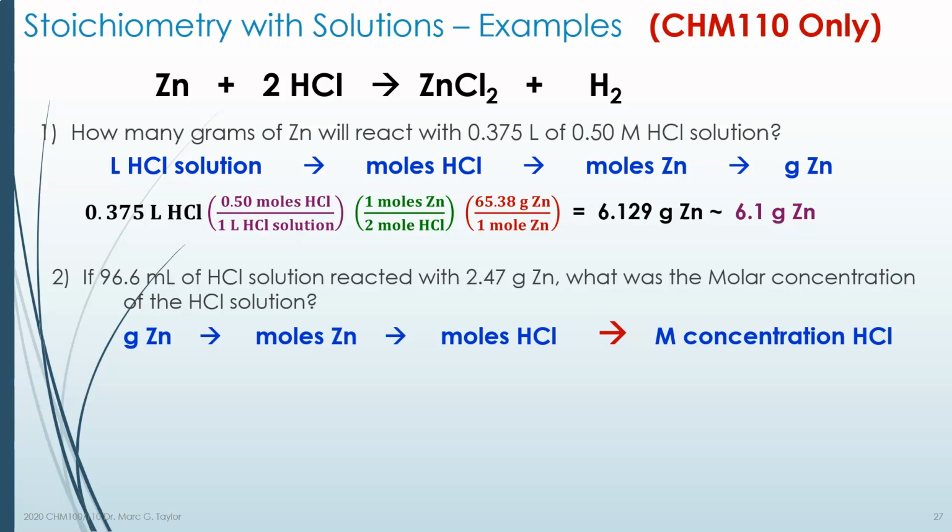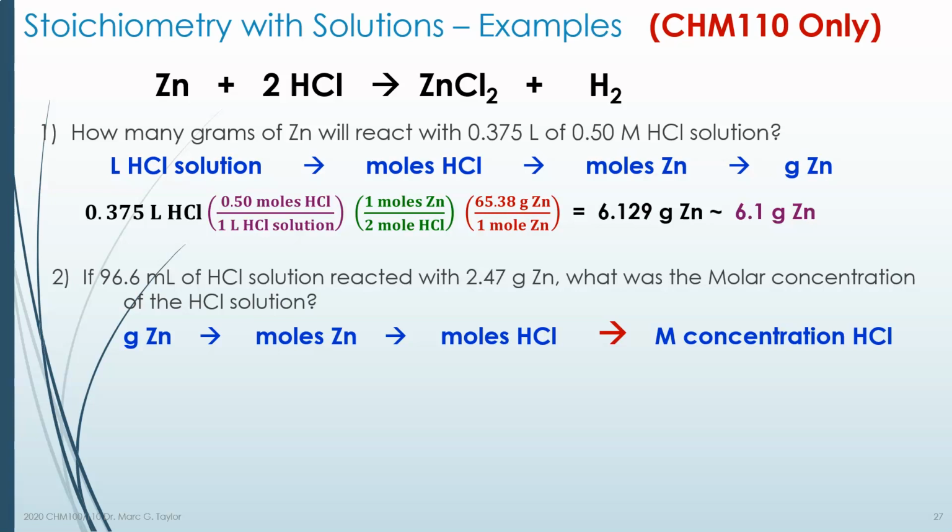We can calculate the moles of HCl using this pathway. It's the third value in this strategy map. And then we're going to divide it by the volume, but the volume has to be in liters. And you'll notice in the problem it says 96.6 milliliters, so we'll first have to convert that to liters.